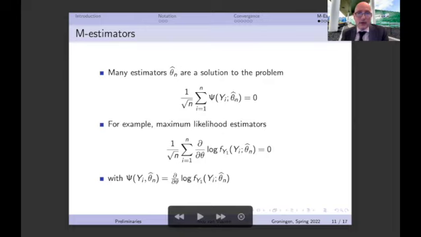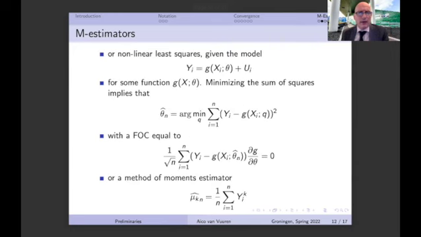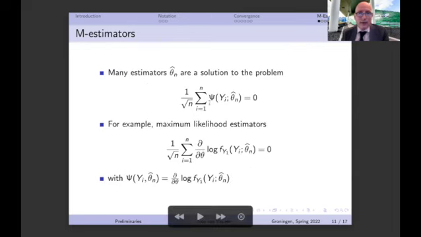This looks a lot like what we have over there, with of course psi replaced by this first order derivative. But also nonlinear least squares is a special case of this estimator that we have over here, which is, by the way, usually called an M-estimator.